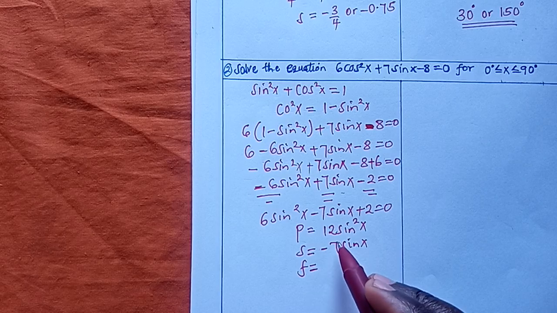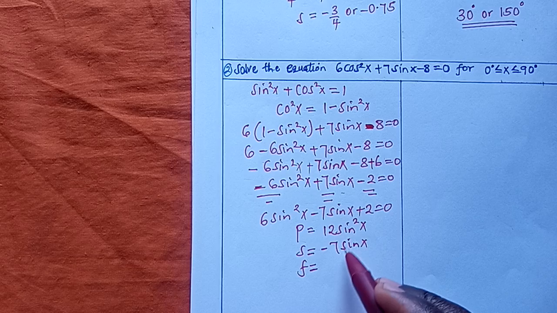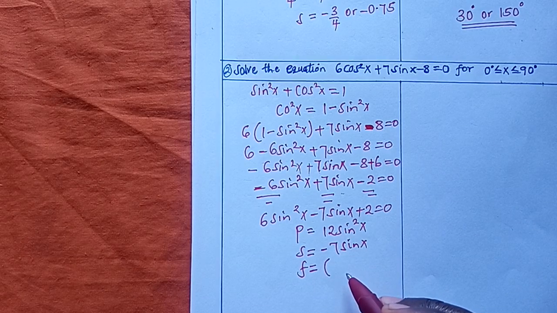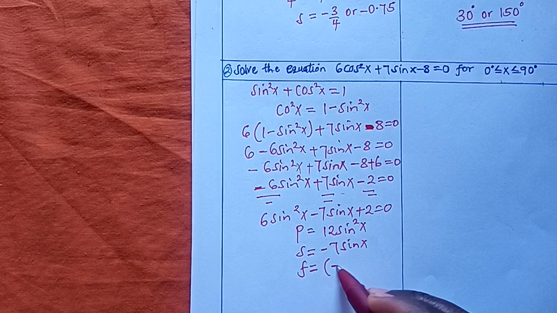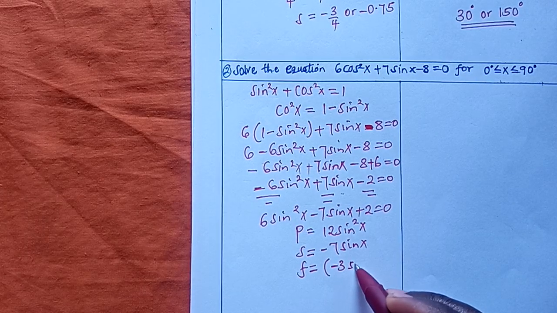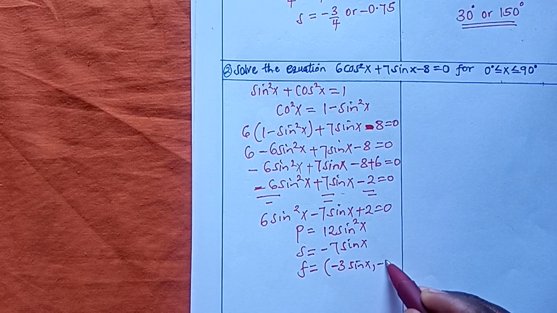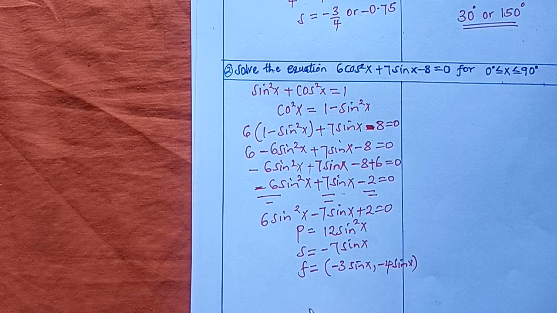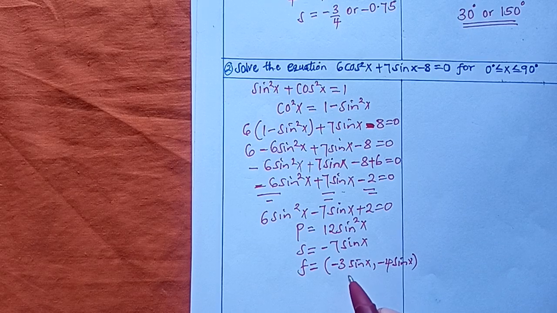Two numbers you can multiply to get 12 sine squared x, and when you add them they will give you 7 sine squared x. The two numbers in fact are negative 3 sine x and negative 4 sine x. These are the two numbers that when you multiply they give you a product.